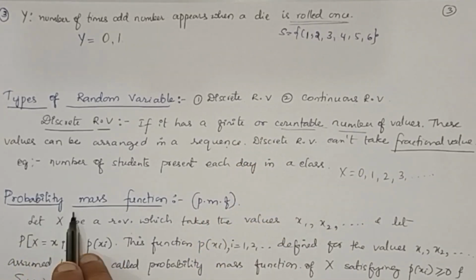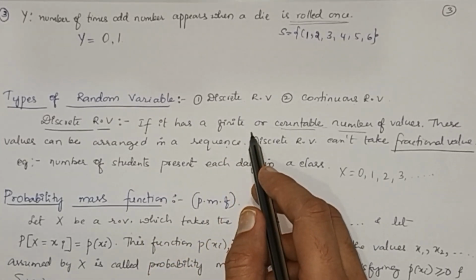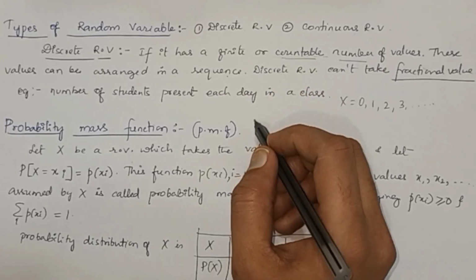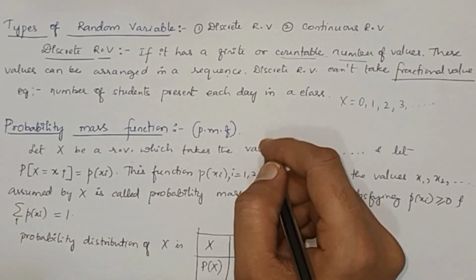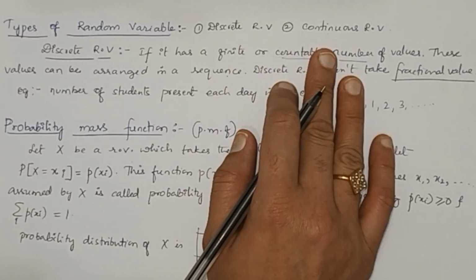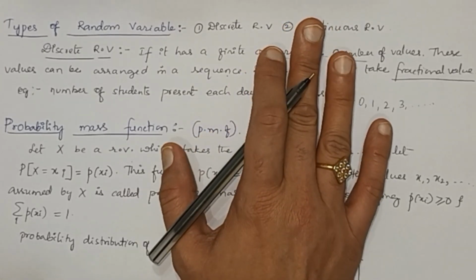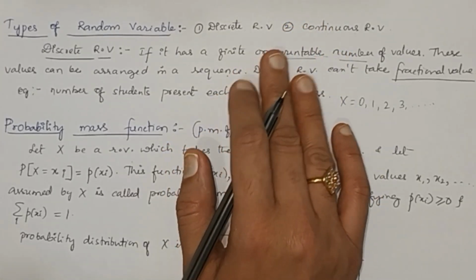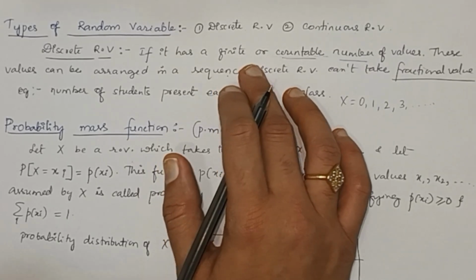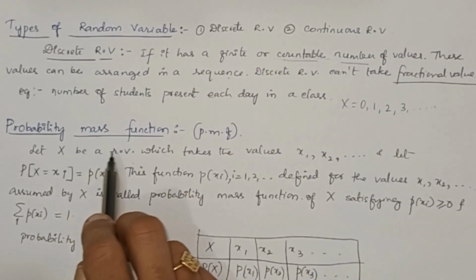Now, how do we find the probability distribution of a discrete random variable? If you have a random experiment, instead of writing the sample space and each outcome, we now assign a number to each outcome. That is the random variable. Once the number is assigned, there are certain conditions for that random variable, and that is called the probability distribution.